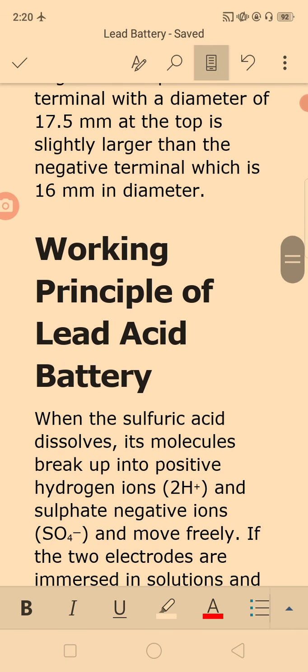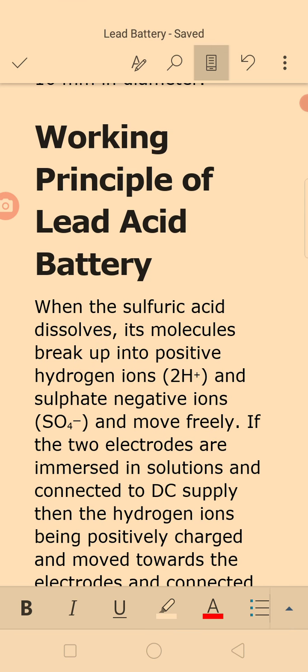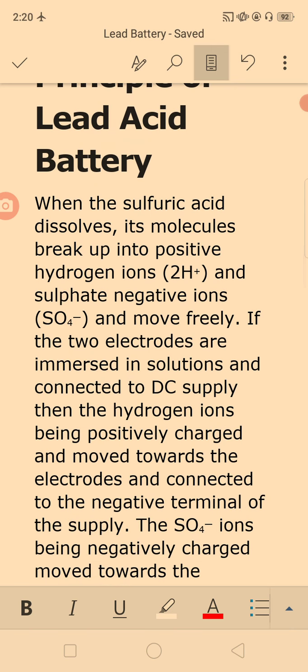Dear student, the normal working of the lead accumulator: when sulfuric acid is dissolved, the molecule breaks up into two hydrogen ions and one sulfate ion. If two electrodes are immersed in the solution and connected to a direct current, DC supply, then the hydrogen ions, being positively charged, move toward the electrode connected to the negative terminal of the supply.